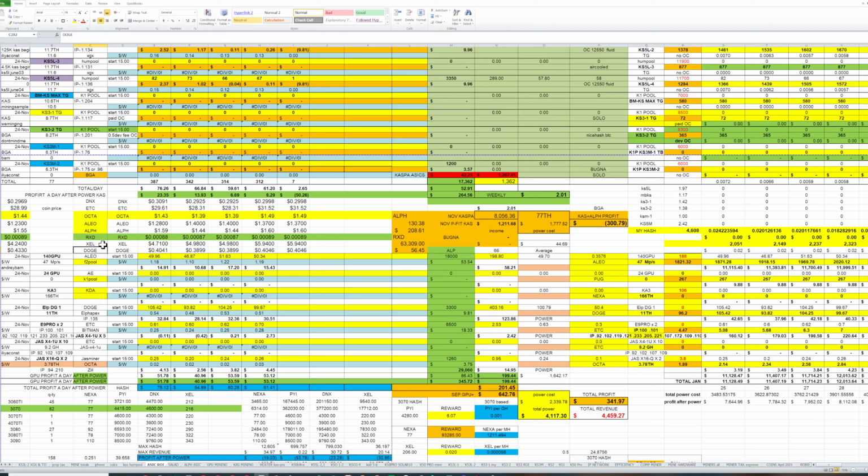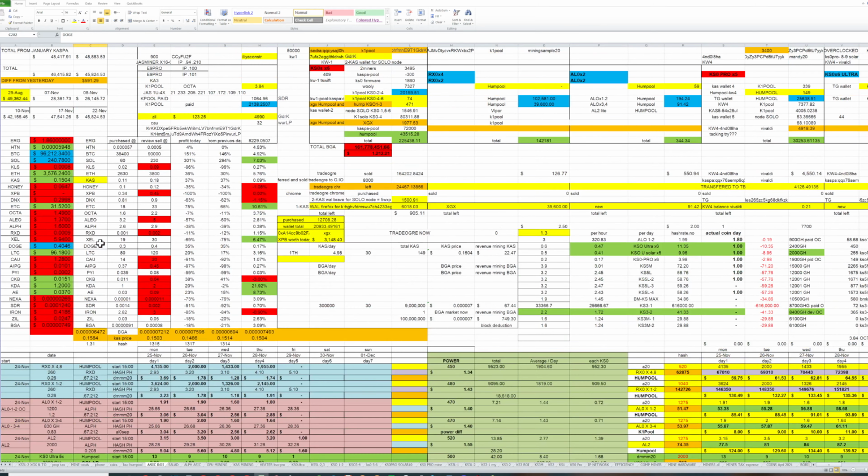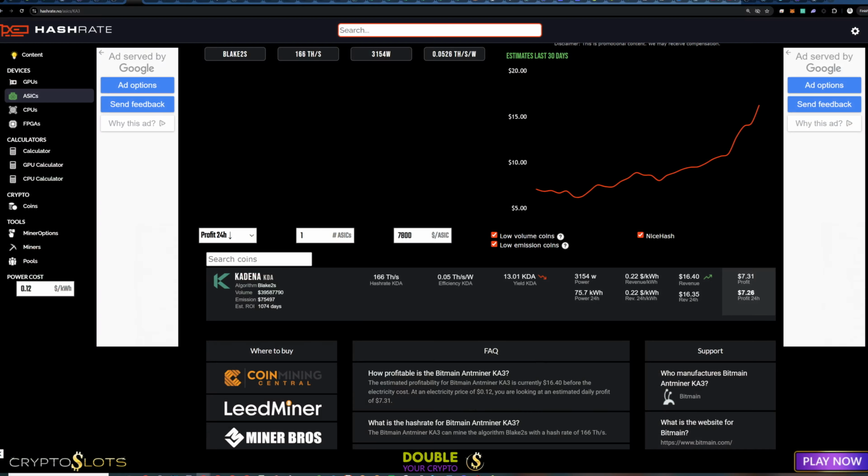And I need to add Kadena probably here somewhere in the list, because what's the price of KDA right now? It's $1.20. Yeah, it's really well. And what's the Kadena right now?